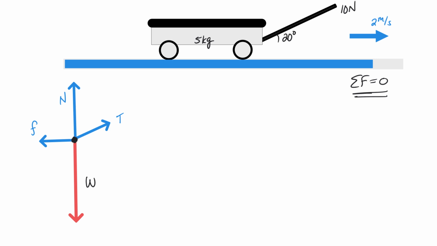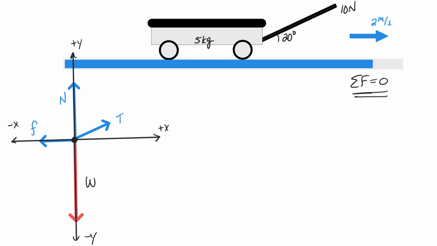So maybe a better one would be one that is like this, and therefore also like this. Now, since there's no acceleration, we can make whatever direction we want positive and negative. So I'm going to go ahead and just do the standard positive x, positive y, negative x, negative y.